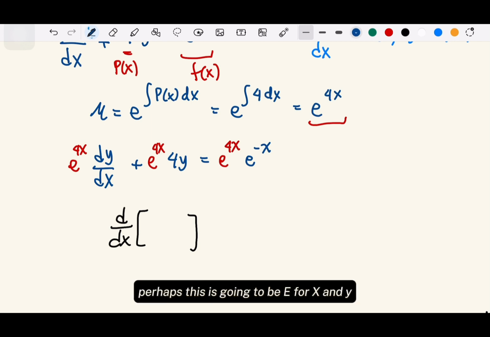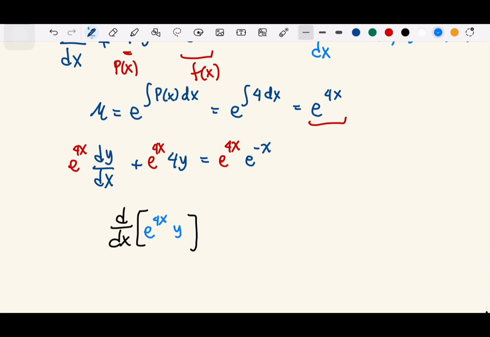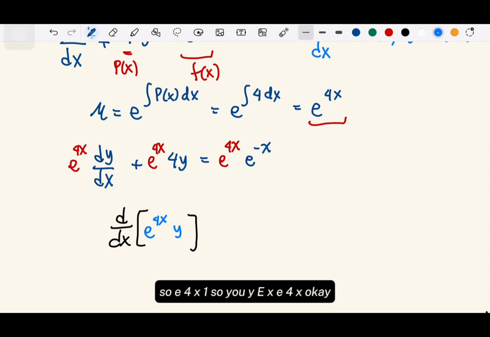So we can take, perhaps, e to the 4x times y. Let's check: dy/dx times e to the 4x, and the other part, e to the 4x times 4y. I think this is correct, right? If we derive this, it will have this result.